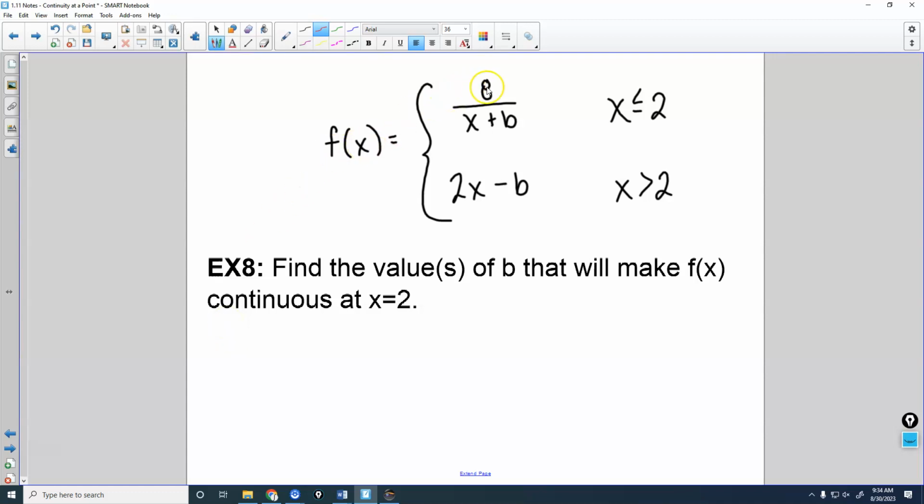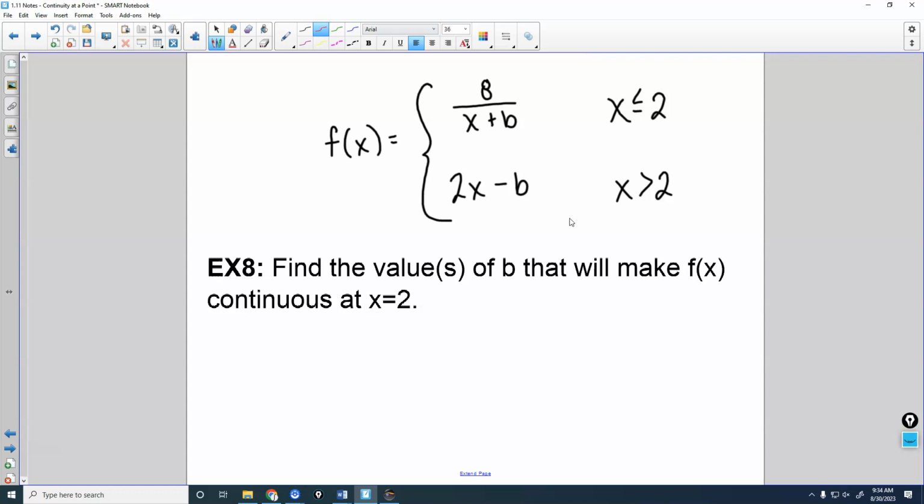We've got f of x equals 8 over x plus b for x less than or equal to 2, and 2x minus b for x greater than 2. We want to find the value or values of b, there could be more than one, that will make f of x continuous at 2. This time I do have a limit from the left, limit from the right sort of situation.